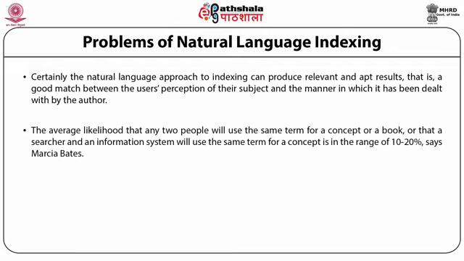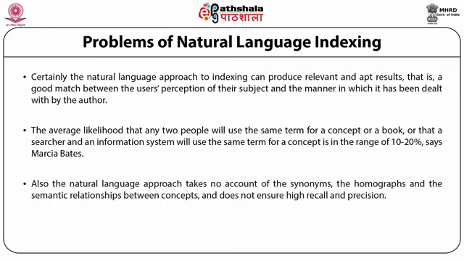The average likelihood that any two people will use the same term for a concept of a book, or that a search information system will use the same term for a concept, is in the range of 10 to 20 percent, says Marcia Bates. So there is not much similarity between the terms used by the author and the library users.